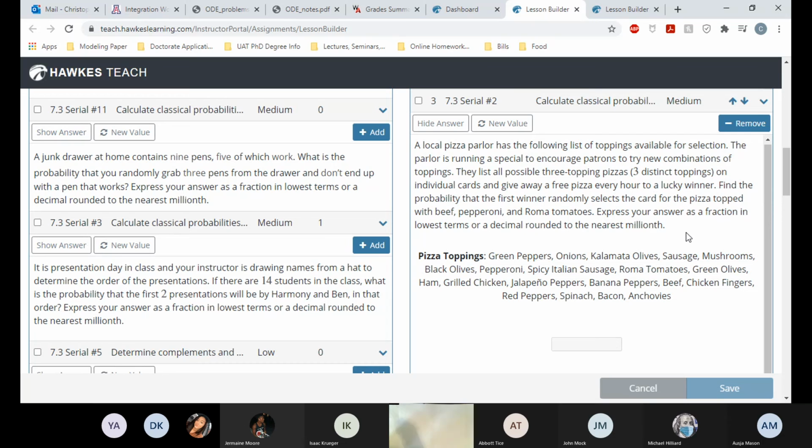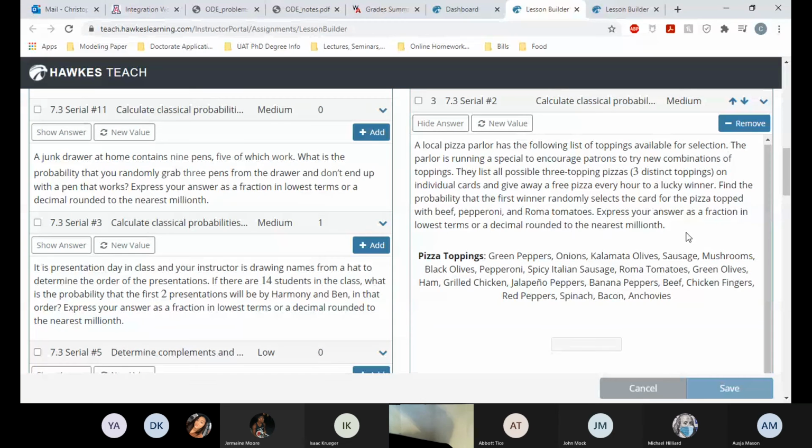So one card might say pepperoni, sausage, tomatoes, and they give that card away to someone and they get that pizza for free. Find the probability that the first winner randomly selects the card for the pizza topped with beef, pepperoni, tomatoes.